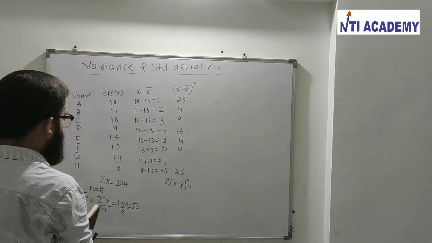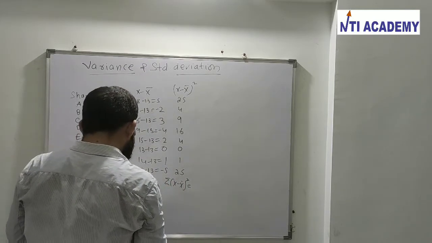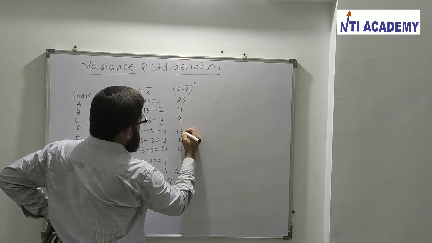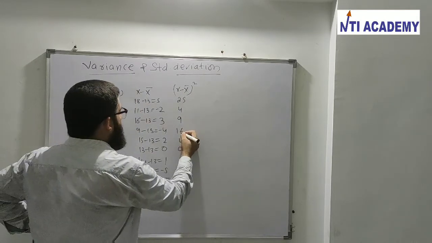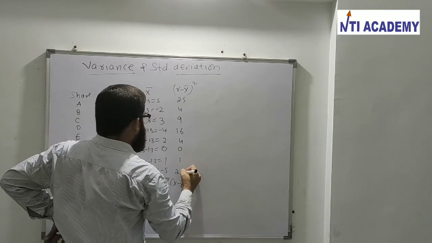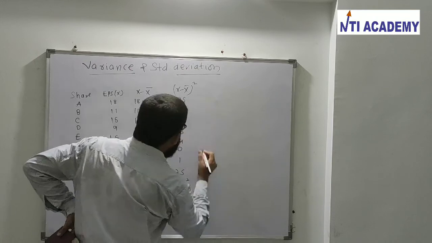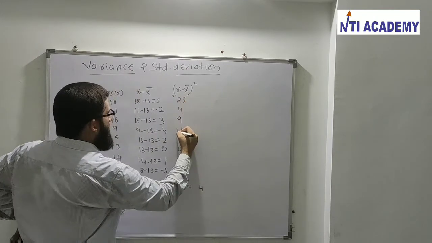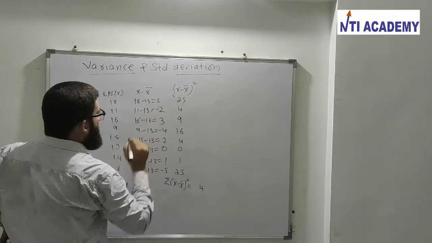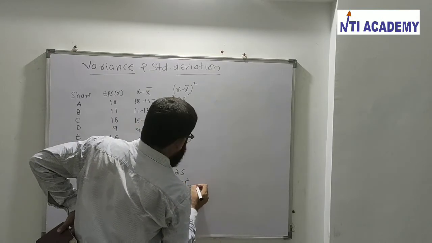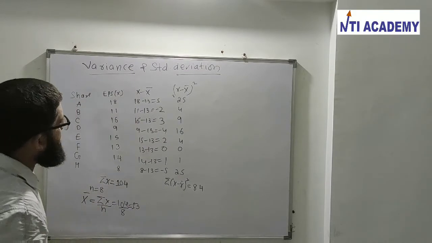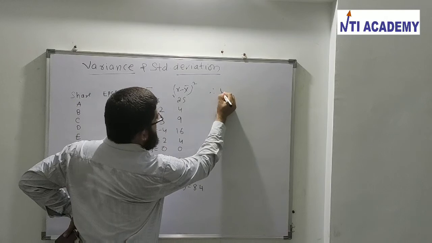Just sum it up. 25 plus 4 is 29, 29 plus 9 is 38, 38 plus 16 is 54, plus 4 is 58, plus 0, plus 1 is 59, plus 25, that is 84. So the summation is 84.